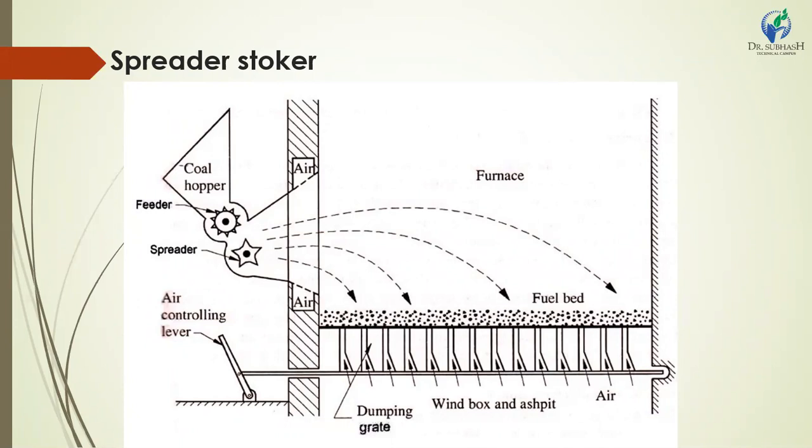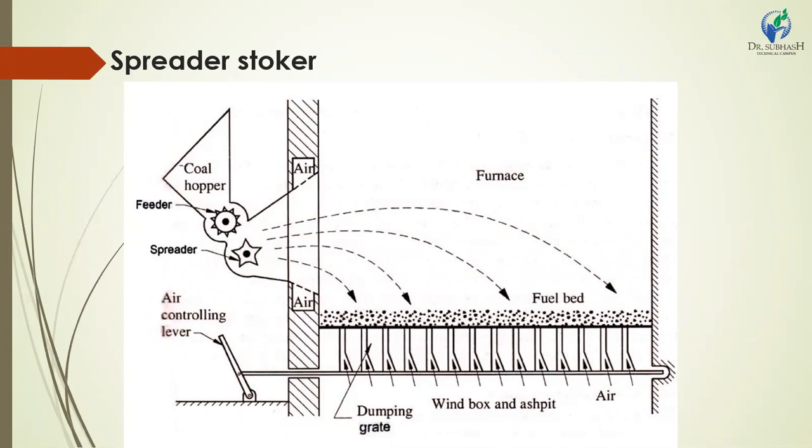It distributes the coal evenly over the entire grate area. The spreader consists of a shaft carrying paddles, with coal particles falling from them, throwing the coal into the furnace.